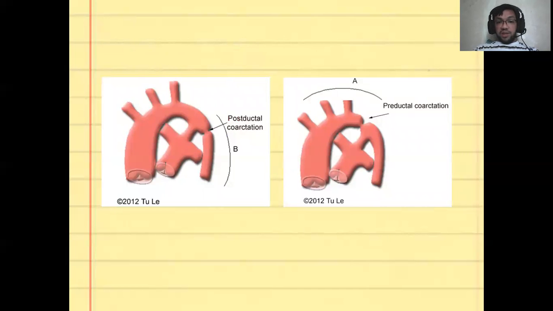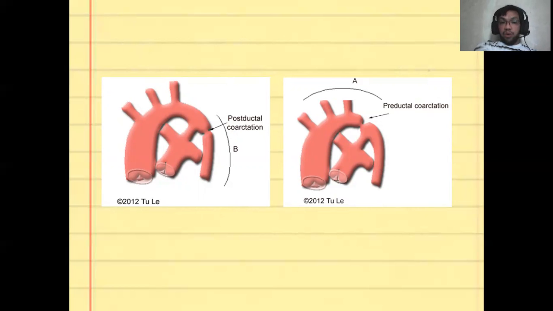Why? Look at this. Remember these branches of the aortic arch. These arteries branching out of the aortic arch are supplying the head and the upper extremities with oxygenated blood.